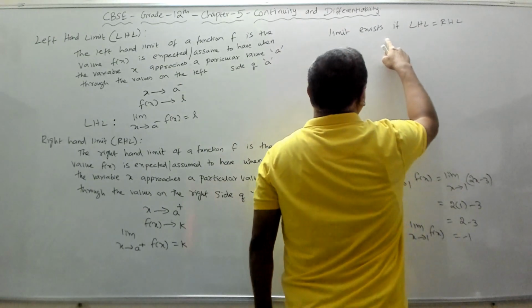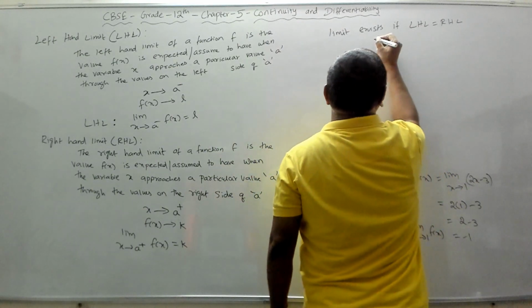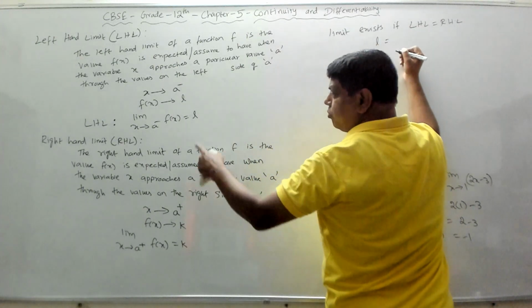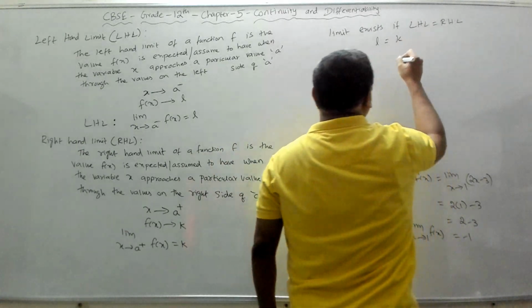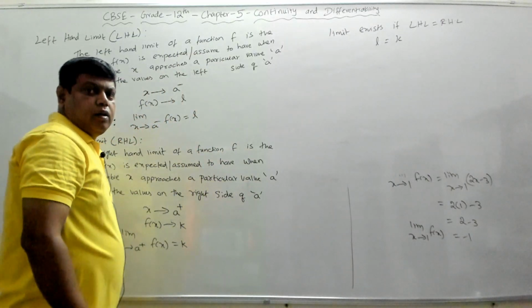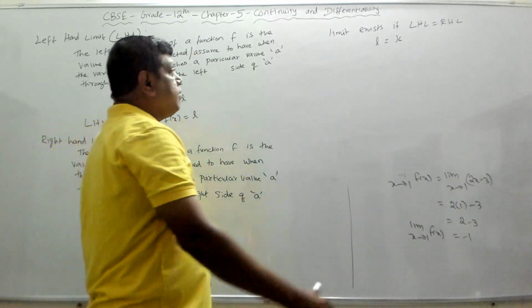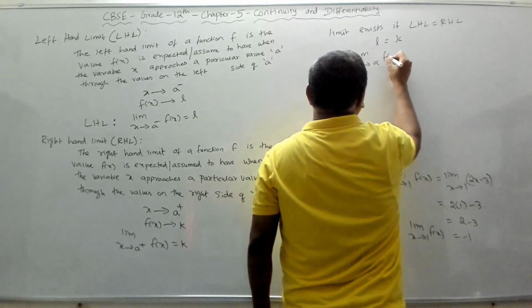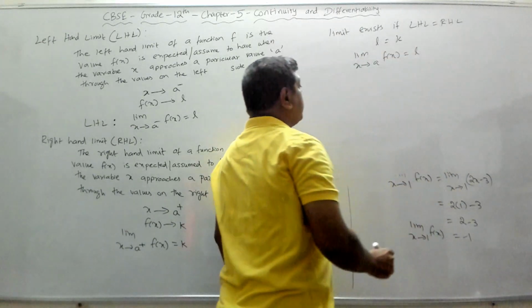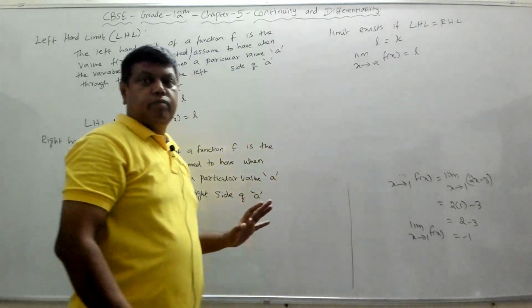So limit exists if LHL and RHL are same, which means if your LHL is L and if your RHL is K, if L and K are equal, then we will say limit x goes to a, f of x is equal to L. We will not put either minus or plus.